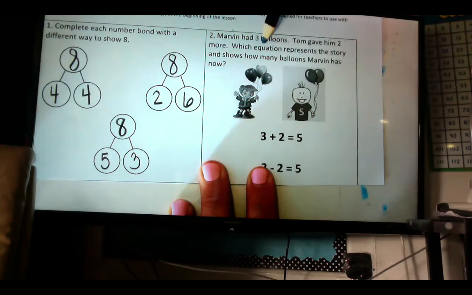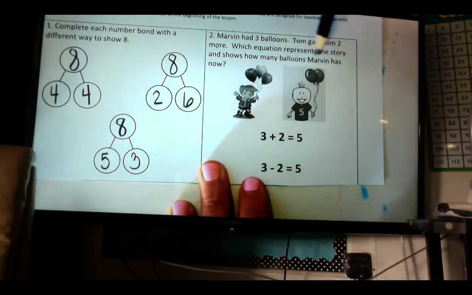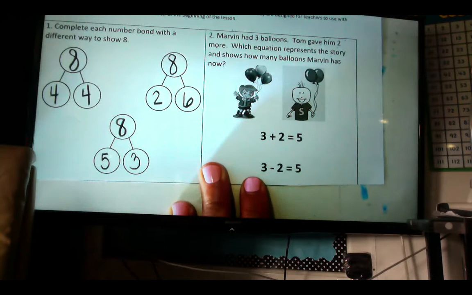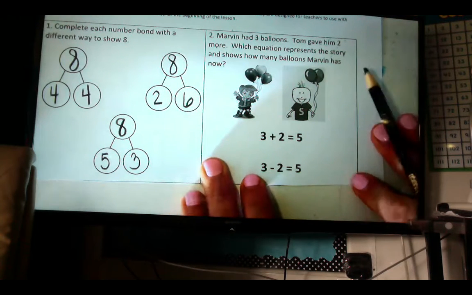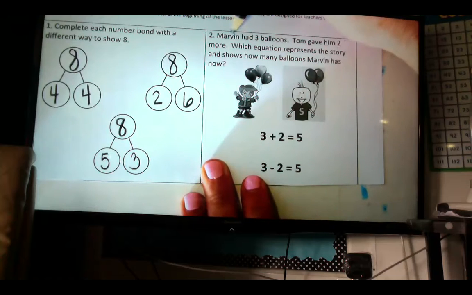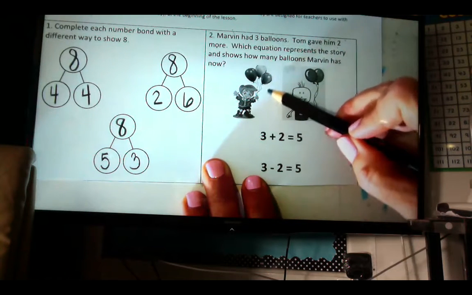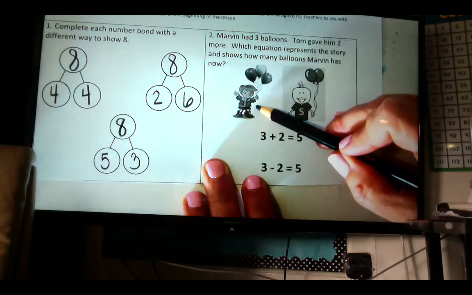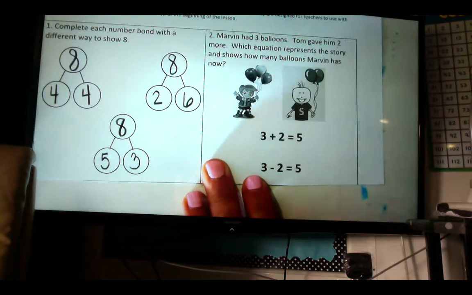Which equation represents the story and shows how many balloons Marvin has now? Let's read the equation together. Marvin had 3 balloons. Let's look at the picture it gave us. Does this show Marvin and his 3 balloons?